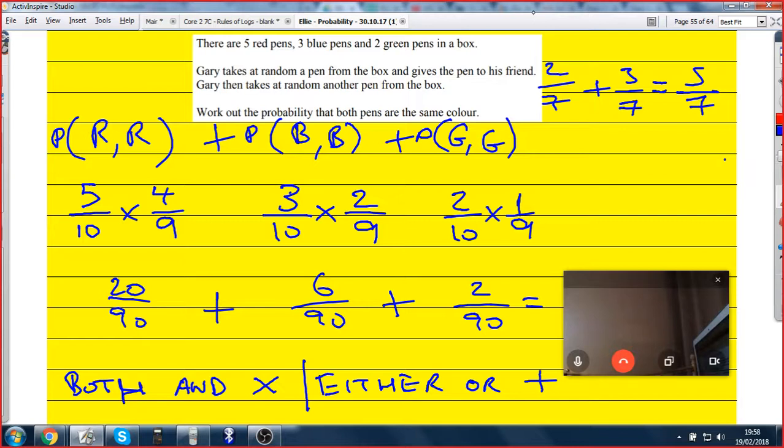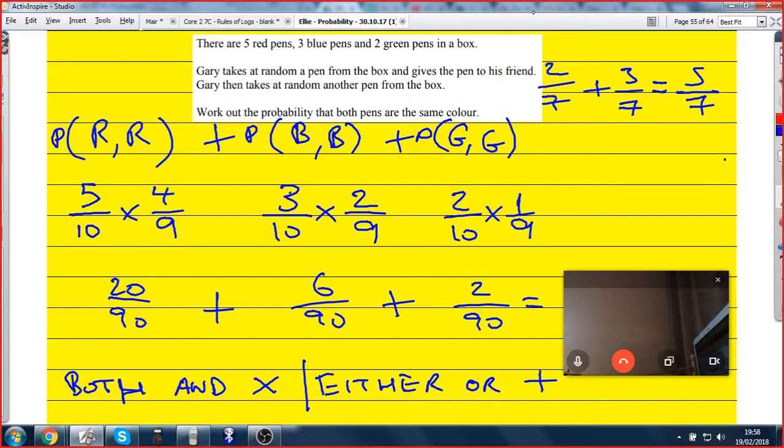And then you times them together. And then you add them together. And that's it?